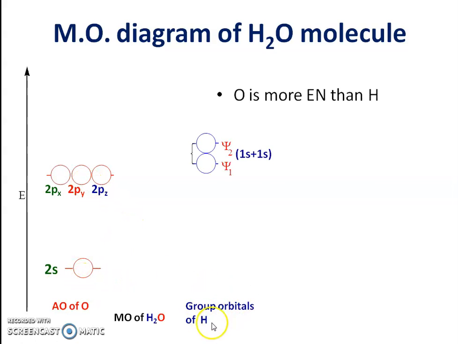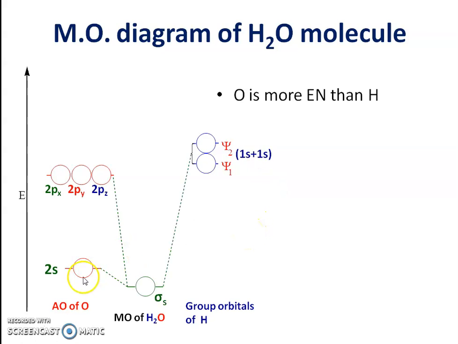Similarly, two hydrogen atoms combine, peripheral atoms, they contribute atomic orbitals and they form the group orbitals psi 1 and psi 2. At the same time, oxygen is more electronegative than hydrogen, and therefore atomic orbitals of oxygen have lower energy than the group orbitals or atomic orbitals of hydrogen.